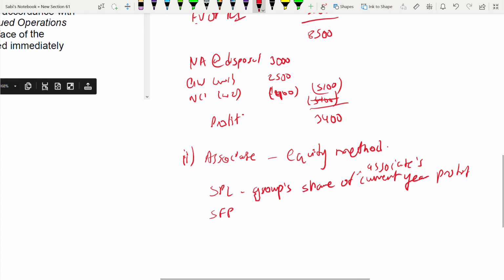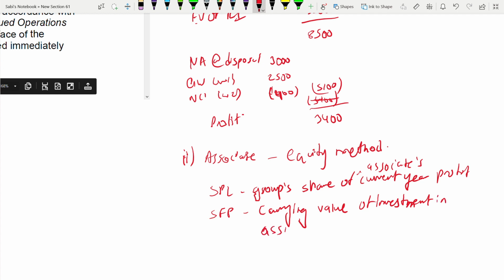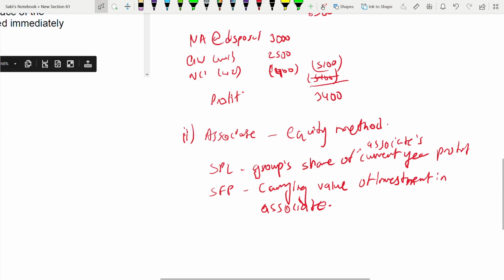And in the statement of financial position, what are you writing? Carrying value of the investment in associate. This is the one. Okay. So what will the carrying amount be? You have to write it.